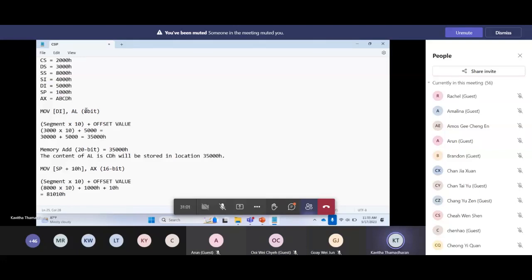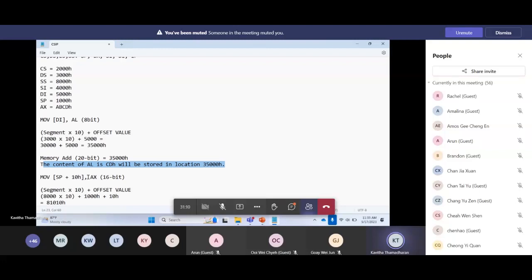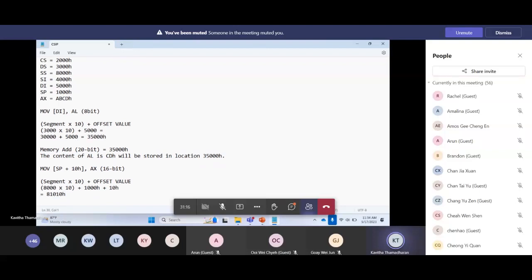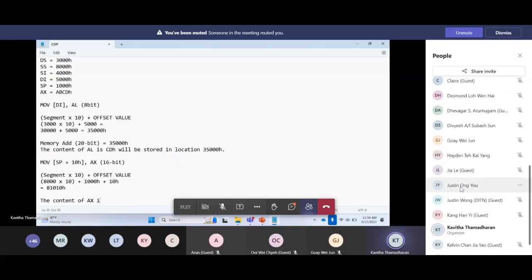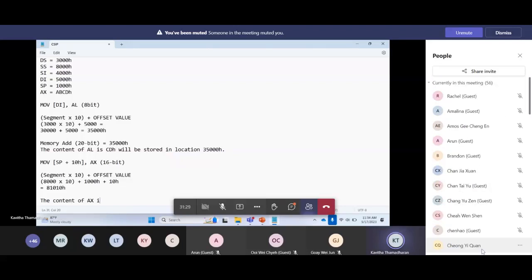If I want to move 8-bit data into one location, this answer is fine. But if I want to move a 16-bit answer into the location, here comes the trick. The content of AX is A, B, C, D, right?